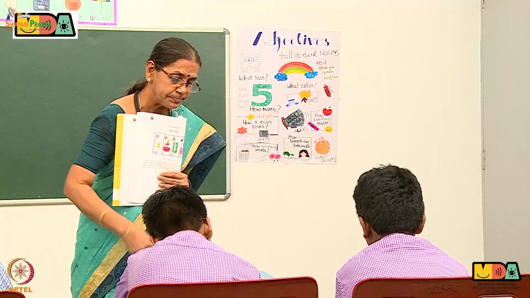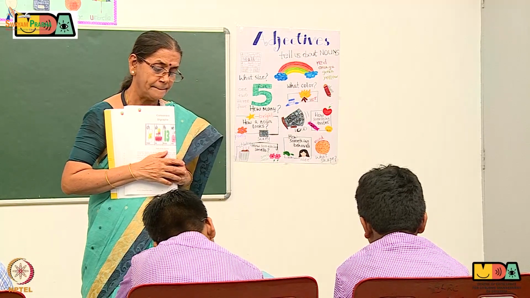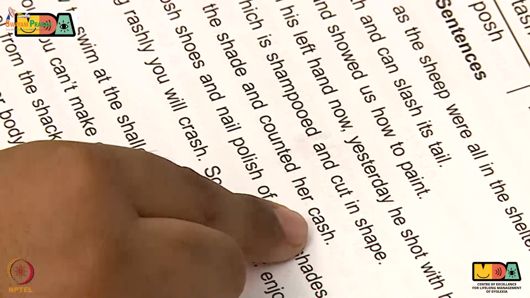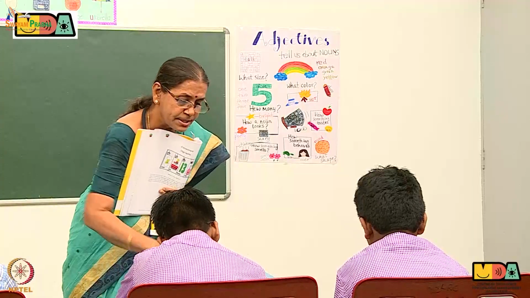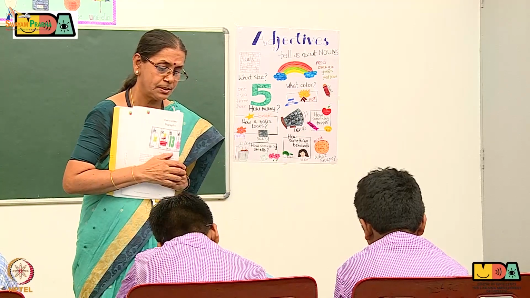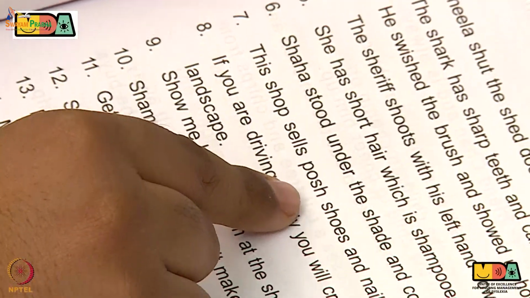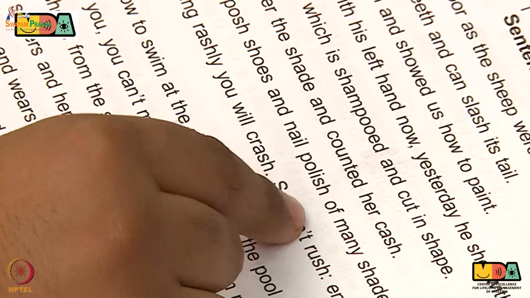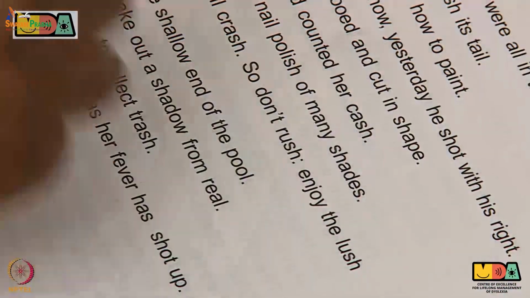Next. Sheela stood under the shade and counted cash. Next. This shop sells posh shoes and nail polish of many shapes.